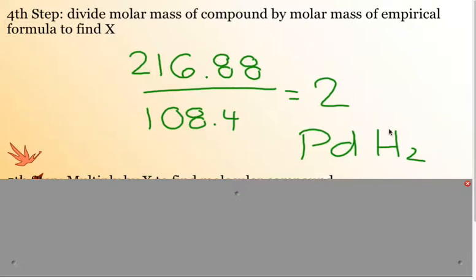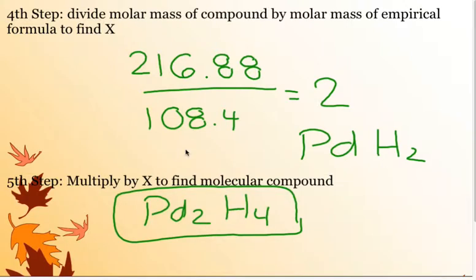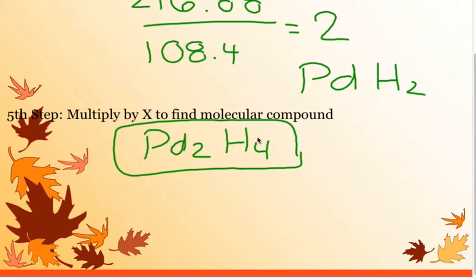So what that means is that my empirical formula is off by a factor of 2. So you take your empirical formula and you multiply everything by 2. So instead of having 1 palladium, I have 2. Instead of having 2 hydrogens, I have 4. And then that's your molecular formula.